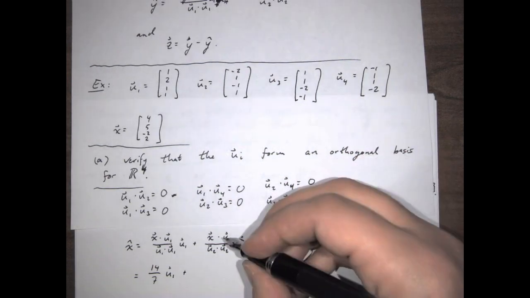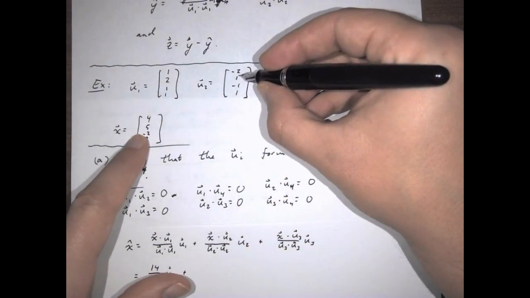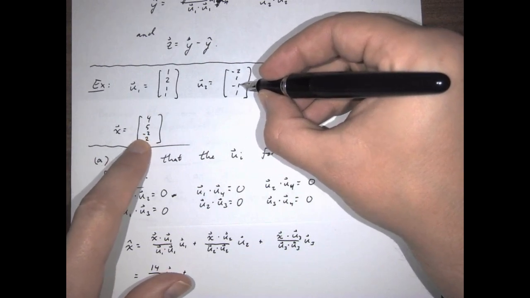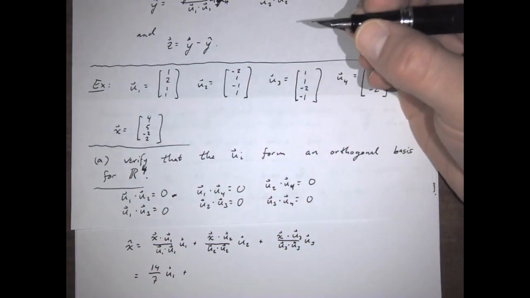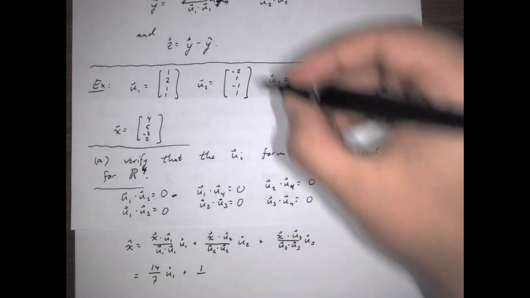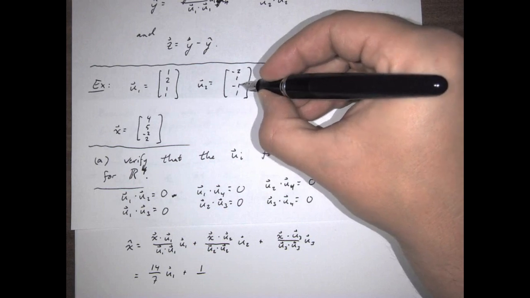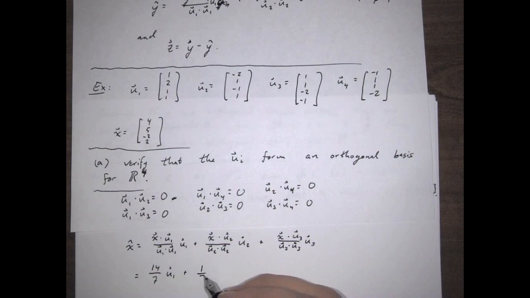Alright, so then for the next one, x dot u2, so it's going to be negative 8 plus 5, so it's going to be negative 3, plus 2 plus 2. So that's going to be a total of 1. And then downstairs, u2 dotted with itself, so it's going to be negative 2 squared, 1 squared, 1 squared, 1 squared. So it's going to be a total of 7.